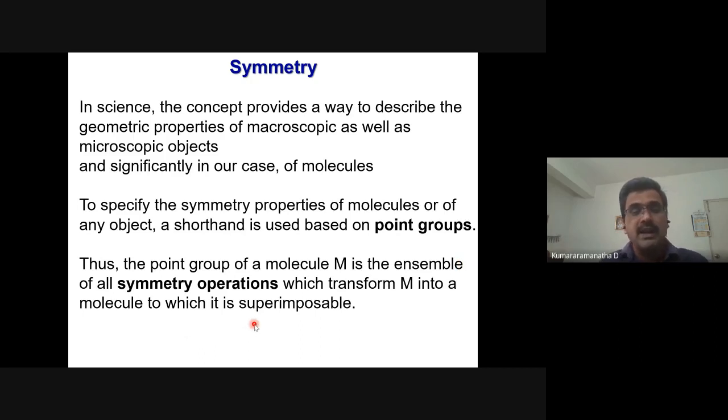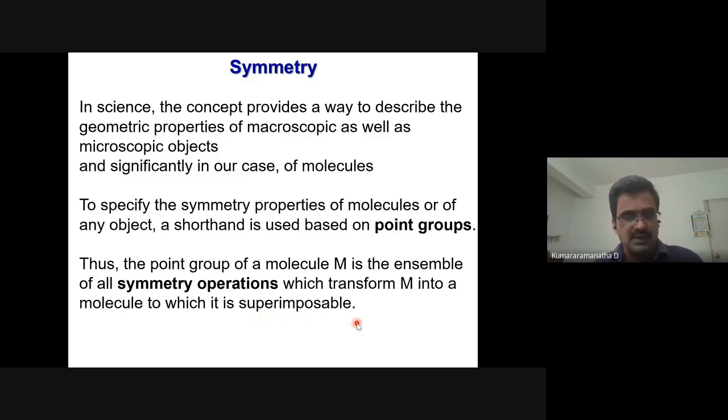By combining point groups and some symmetry operations, we can make a molecule into a superimposable one. So what we are trying to do is turn, rotate, invert, whatever you do, make sure that it comes back to the original shape, which is superimposable.